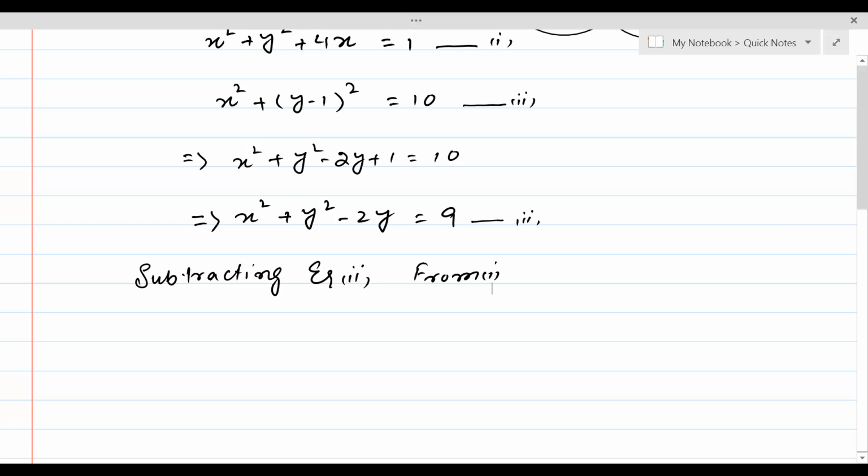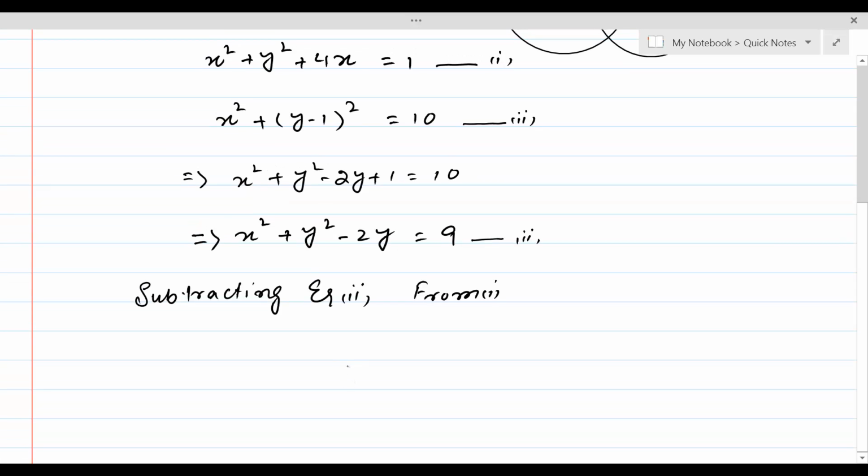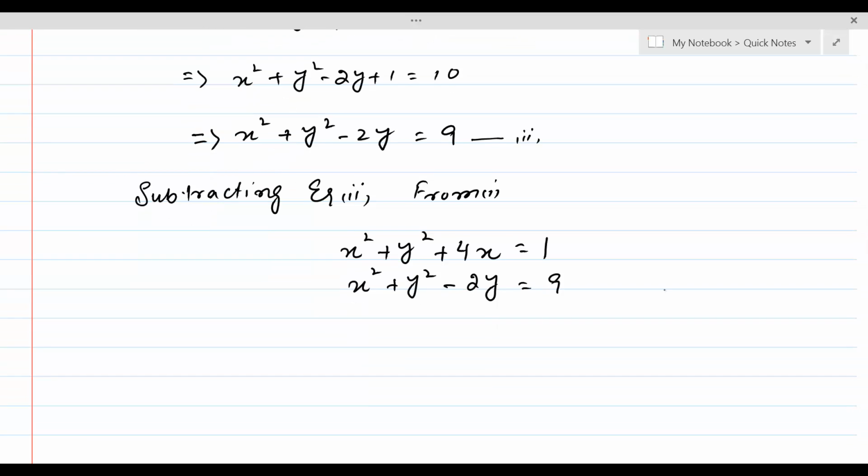So this will give us x square plus y square plus 4x equal to 1. And we subtract the second equation, x square plus y square minus 2y equal to 9. To do a subtraction, we draw the line here and then change the signs.